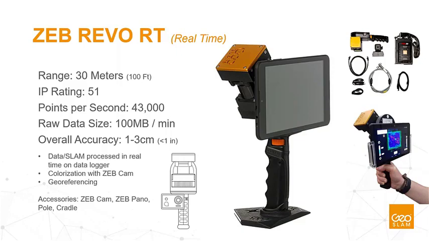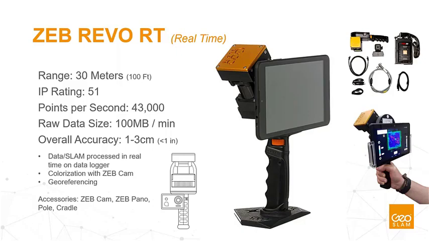So you're able to view the data three-dimensionally and your trajectory as you walk through the space, and use that to kind of QC and track your progress as you move through the space. So because of this functionality, it's an extremely user-friendly device and one of our best sellers for real estate applications.